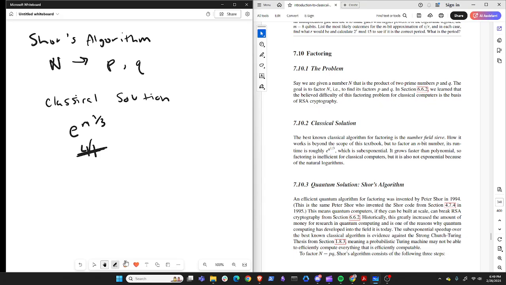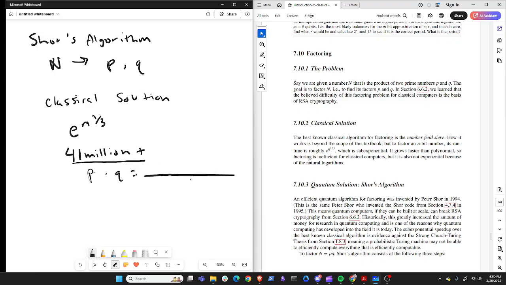The largest known prime number has 41 million plus digits. It's like 41,024,000. So you take a bunch of these super high value, high digit length numbers, you multiply two of them together, you get another insanely long number that is essentially unfactorable in multiple lifetimes by classical computers.